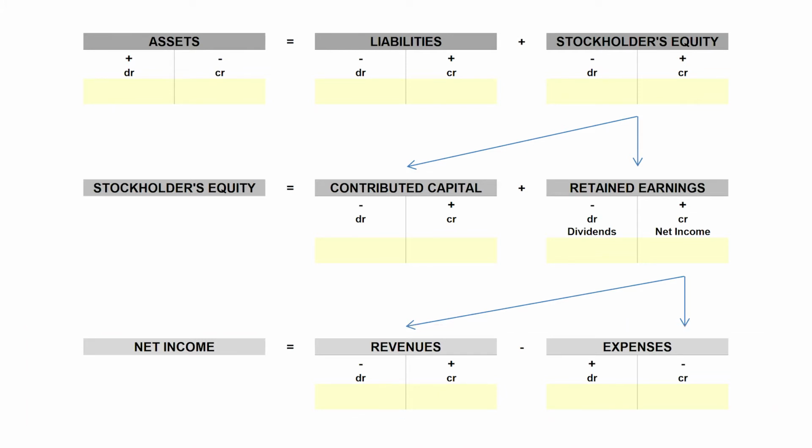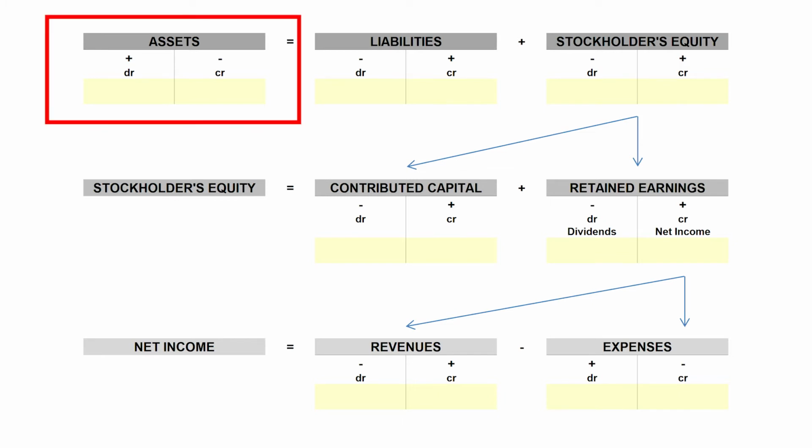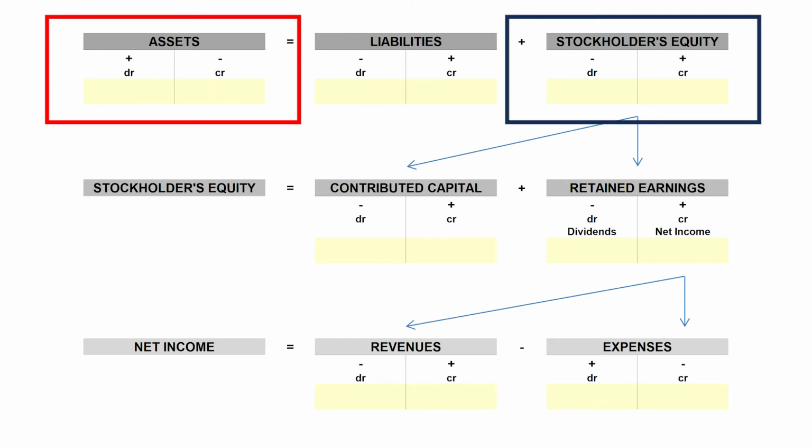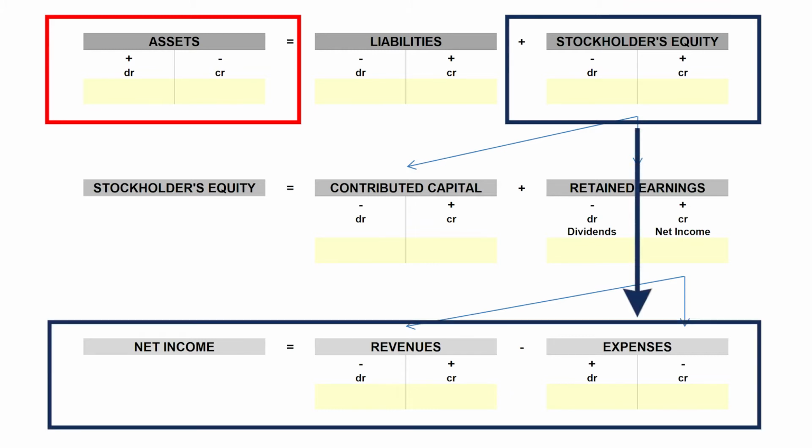If the cash flow statement adjusts the left-hand side of the equation, assets, by the company's cash flow in that period, and the income statement adjusts the last part of the right-hand side of the equation, stockholders' equity, by net income, then it follows that the cash flow statement, which starts with net income and ends with cash flow in the period, is making adjustments so that the accounting equation holds true.